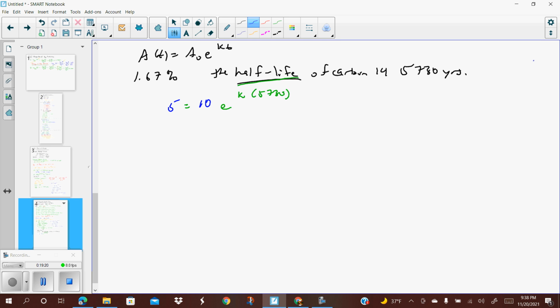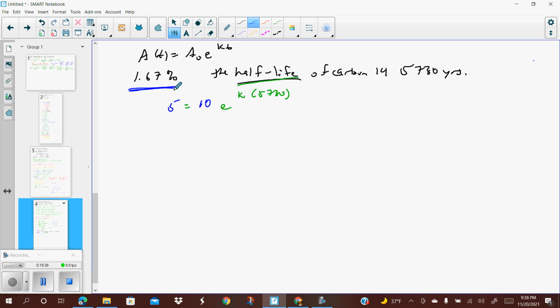Now the question is, why am I doing all this? I'm doing all this because I need to find K. I need to find the exponential decay rate. I have to get that in order to be able to use that information to find what I'm actually looking for, which is to figure out how much 1.67% of something is.